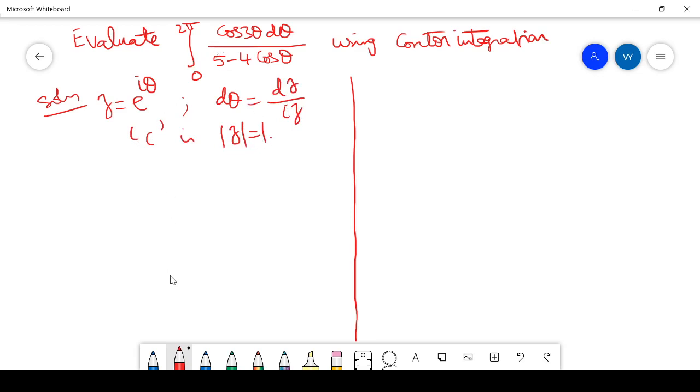If you look at the numerator here, the numerator contains cos 3 theta.